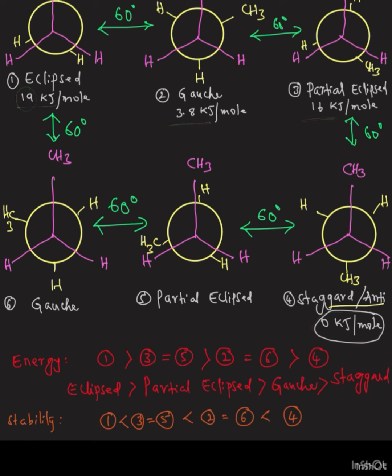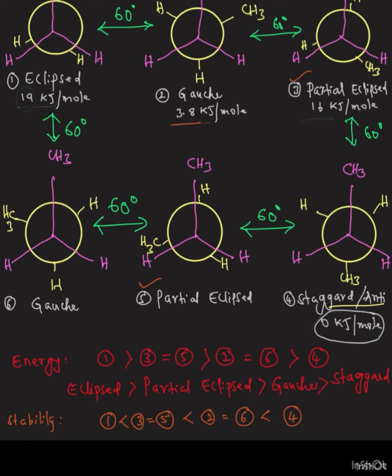Here we have structures 3 and 5, both partially eclipsed, whose energy is the same. And 2 and 6, the Gauche conformers, their energy is also the same, equal to 3.8 kilojoules per mole. And the fourth one, the staggered, is least, 0 kilojoules per mole.